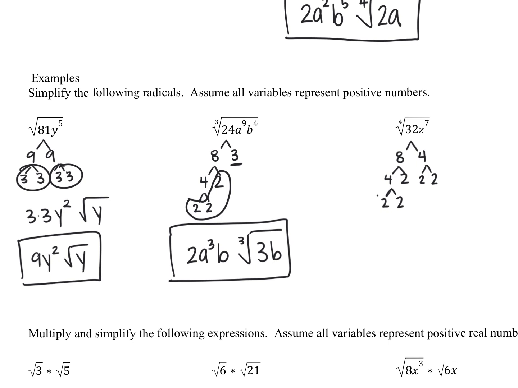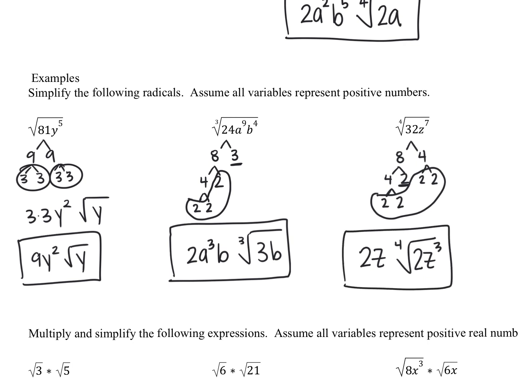So fourth root, I need 4 2's. So there's going to be a 2 on the outside. Z to the 7th is divisible by 4 with only 1 group. And underneath the fourth root, there is still a 2, and there actually ends up being 3 z's left over. So 2z, fourth root of 2z cubed.